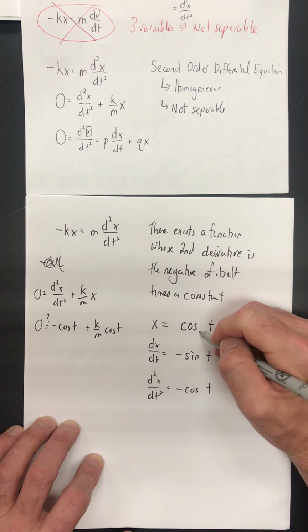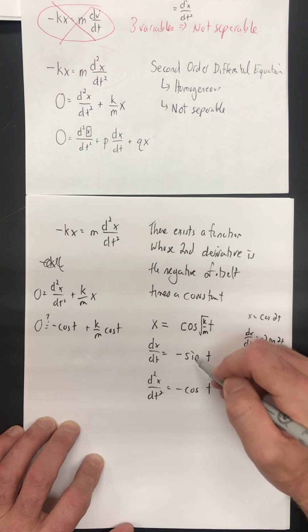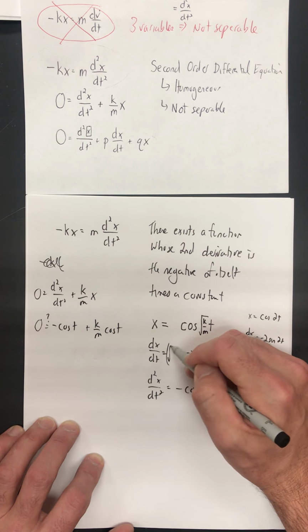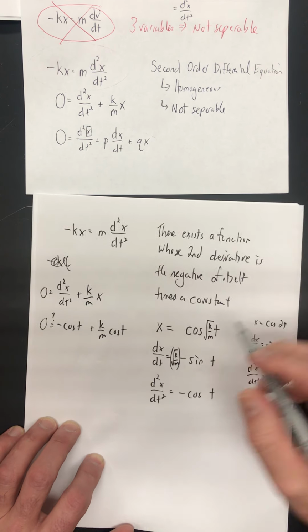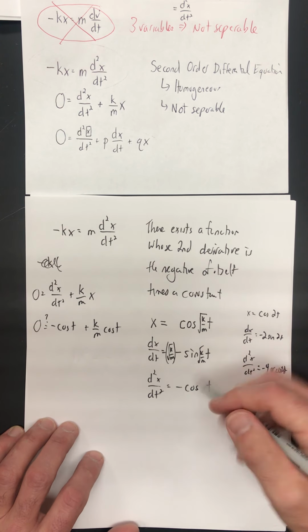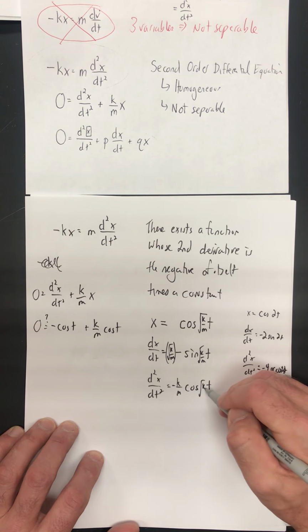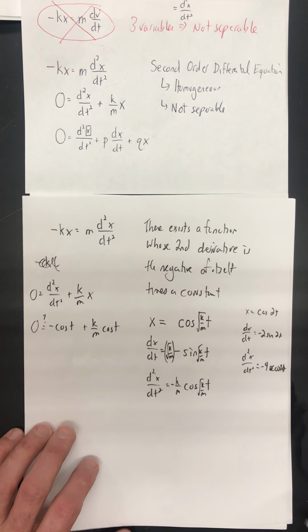So if I make this radical k over m, this becomes radical k over m negative, and this is radical k over m. And then a second radical k over m pops out, making this k over m, negative sign, radical k over m. And there we go.